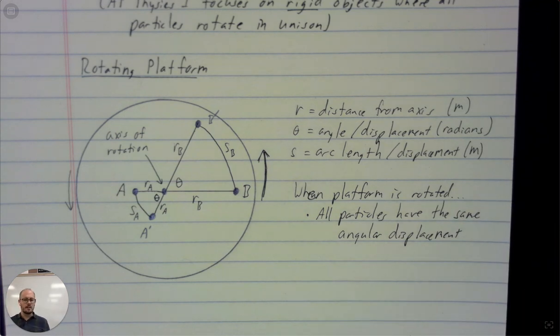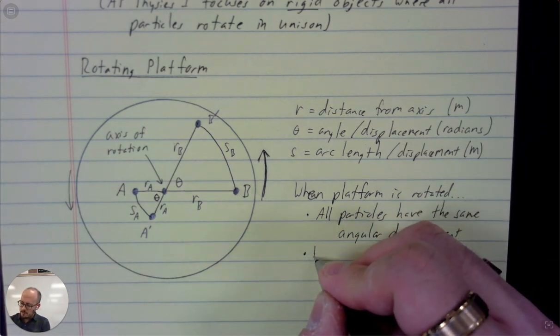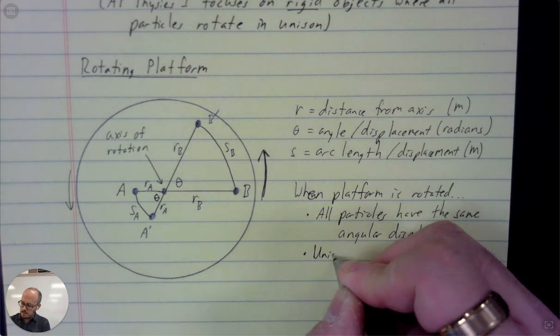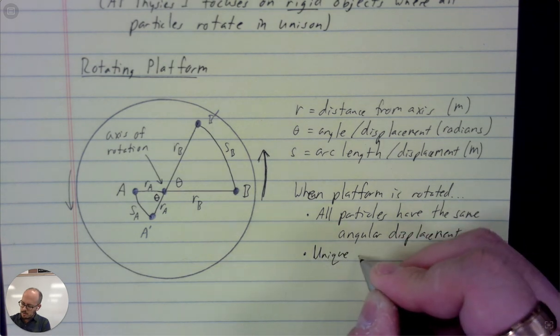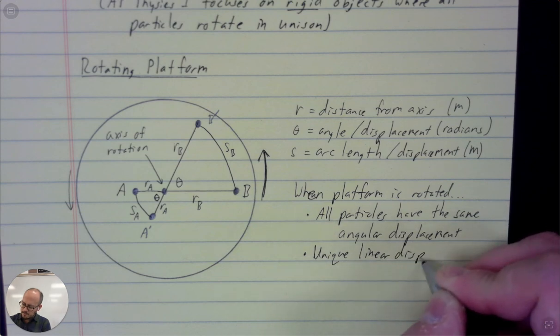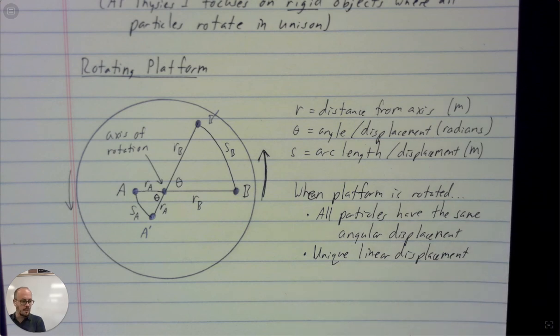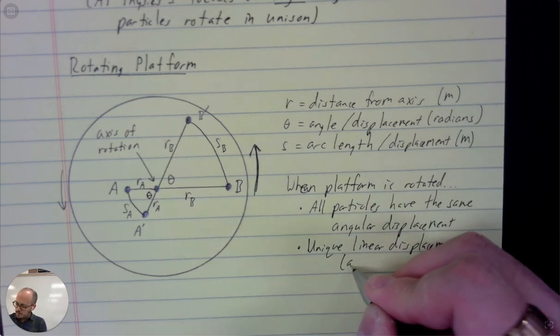So everything in the object is going to rotate by the same angle relative to that, no matter where it is. On the other hand, all particles have unique arc lengths or linear displacements.